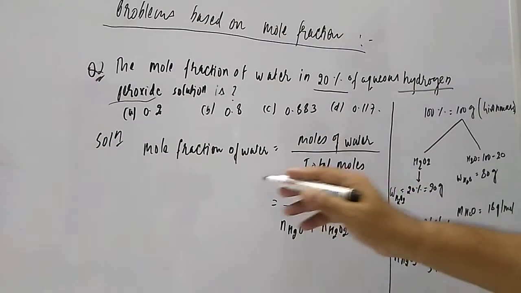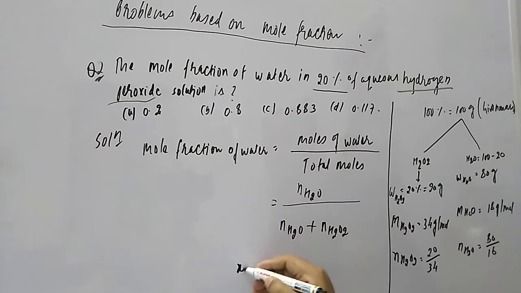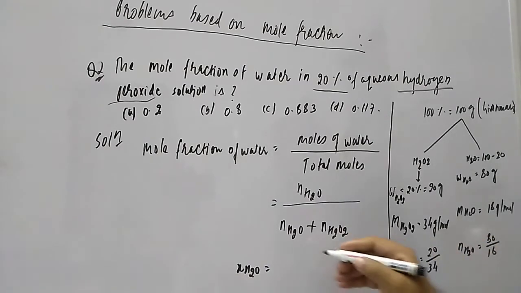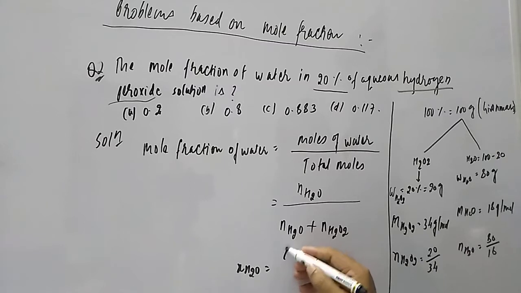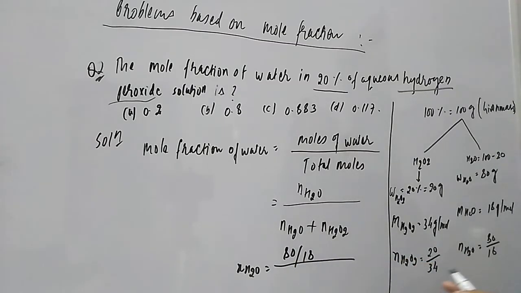Now you put the values in the formula. X of H2O, how much will it come, student? N of H2O means 80 by 18, divided by N of H2O again, that is 80 by 18, plus N of H2O2, so 20 by 34.